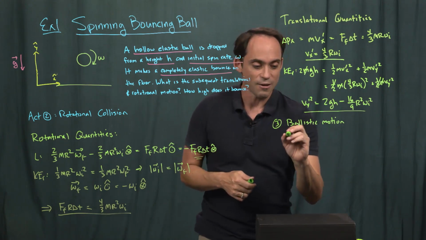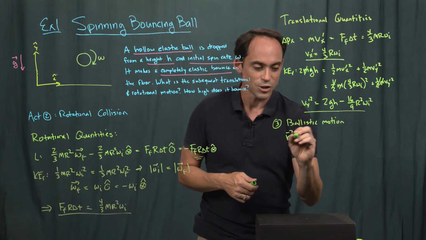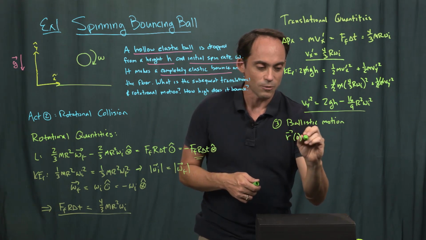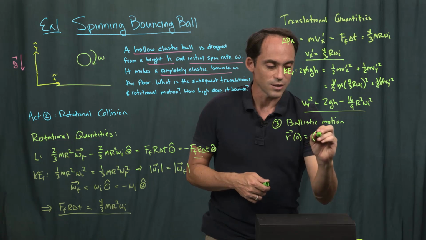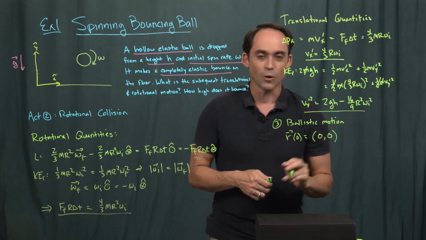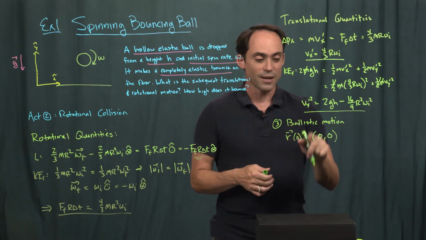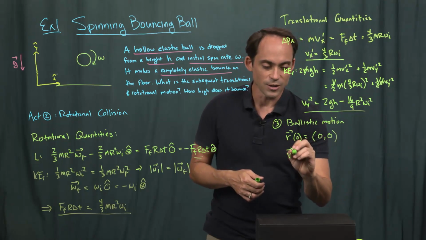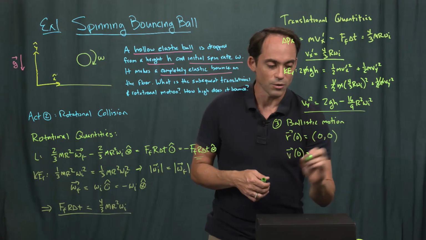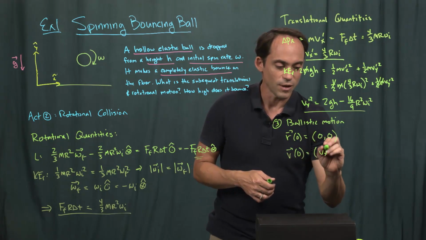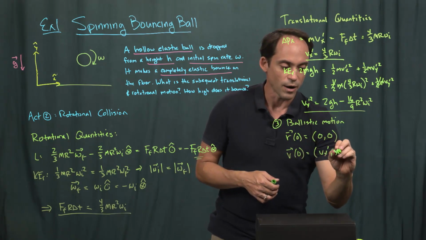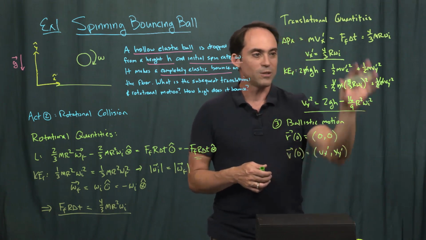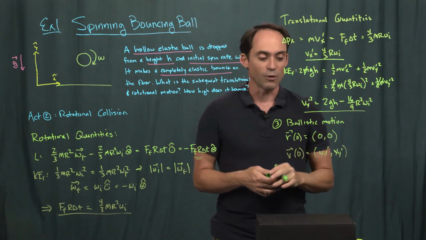Well, we have our initial position at time 0. If I've set my coordinate system so that it's equal to the origin at the point of contact, that's just 0, 0. And we now have our initial speed for part 3, which is just our Vx prime, Vy prime, which is written in terms of quantities that we already know.